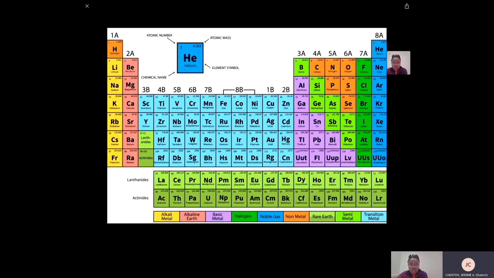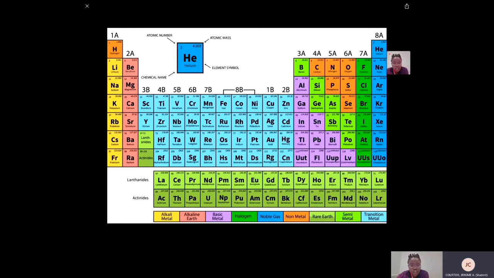Okay, so now let's look at helium, this element in the middle, as that will be the most clear to use as an example. So Chimaobi, can you tell me what you know about helium just by looking at that image there?